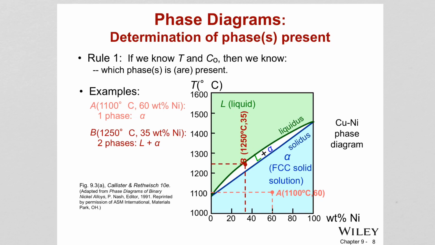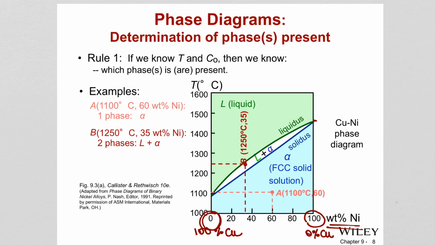So here on the x-axis we have 0% nickel, because the x-axis is drawn as a function of the percentage of nickel that is added. So at 0% nickel you actually have 100% copper. And at 100% nickel you actually have 0% copper.